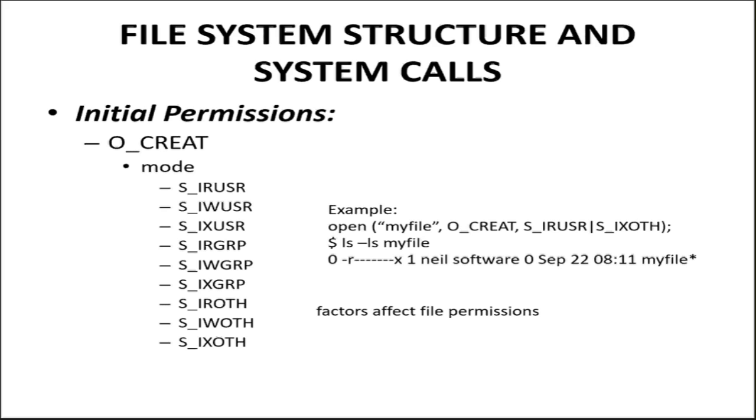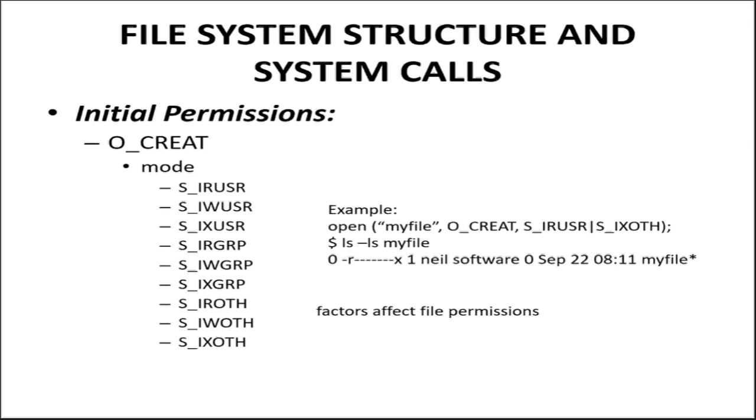There are a couple of factors that may affect the file permissions. First, the permissions specified are used only if the file is being created. Second, the user mask specified by the shell's umask command affects the created file's permissions. The mode value given in the open call is ANDed with the inverse of the user mask value at runtime.